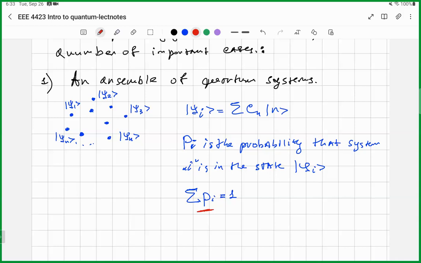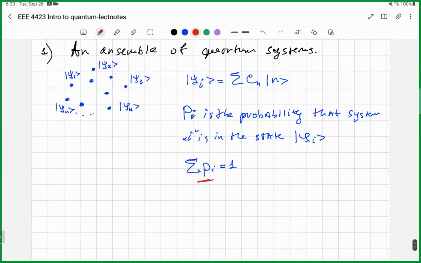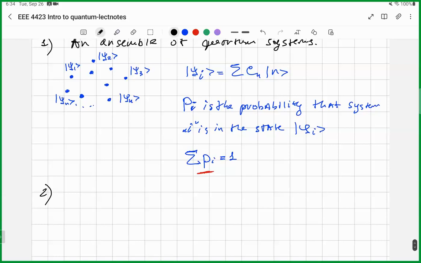So we need to average also by using the classical probability distribution. So in this case, only one psi vector is not sufficient to describe the system. And another example of cases when having just one psi vector is not sufficient is a subsystem of a bigger system.